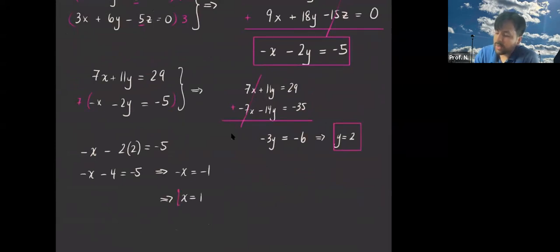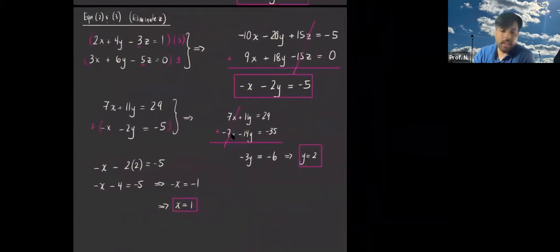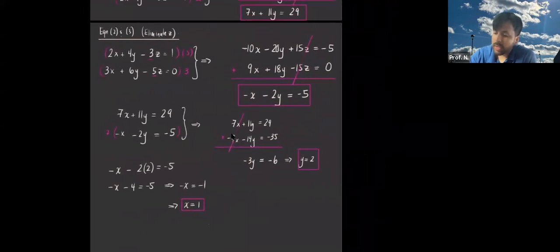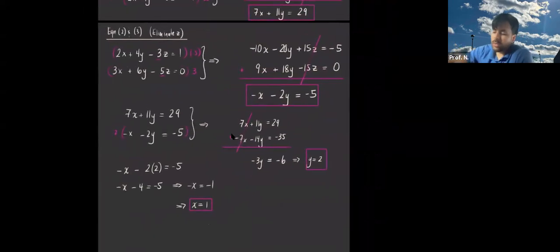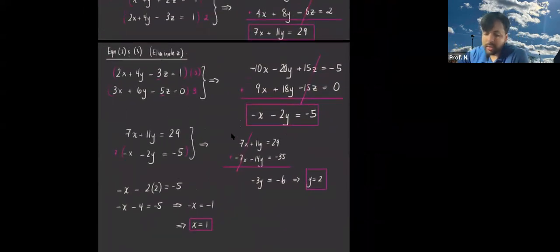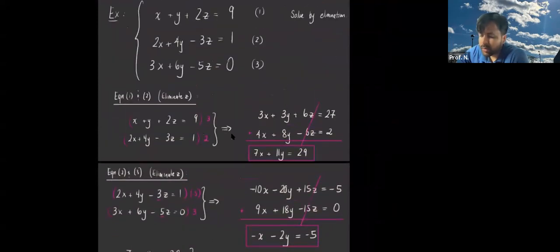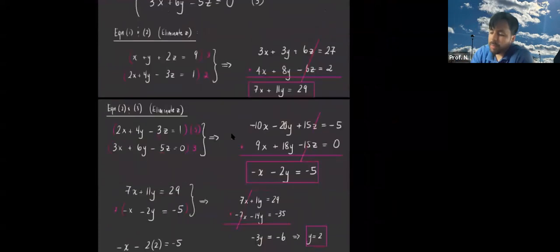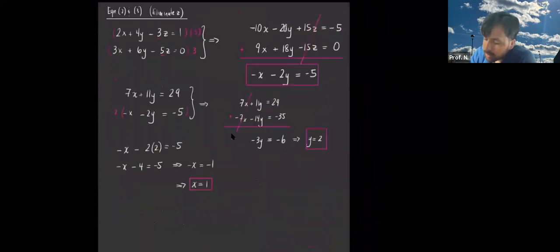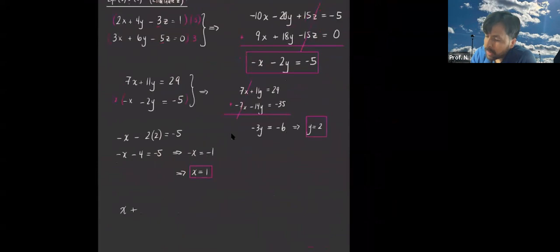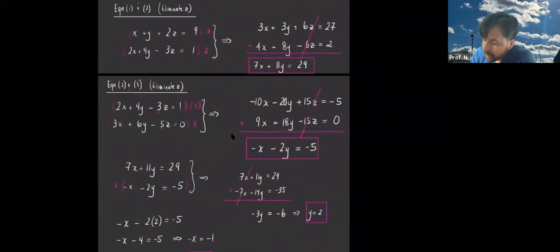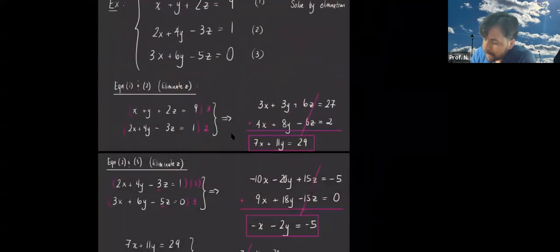So I was able to solve x and y. I got 1, I got 2, and now I've got to get z, right? So use the first equation or second equation or the third equation. It doesn't matter. Let's just use the first equation of the original problem. So we got x plus y plus 2z equals 9.